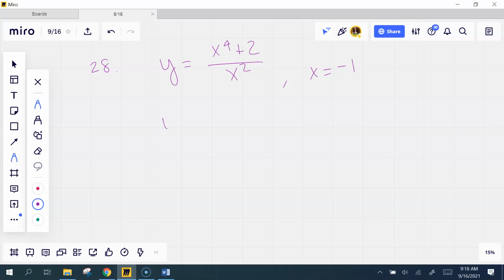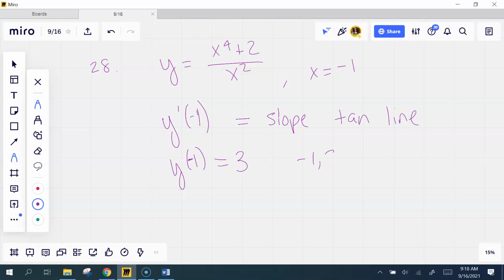Yes, that's exactly what I'm going to do. I'm going to find the derivative at -1, and that is going to be the slope of my tangent line, right? Because that's just a shortcut for doing IROC. And then y of -1, I'm sorry, would be 3 over 1, so it'd just be 3.